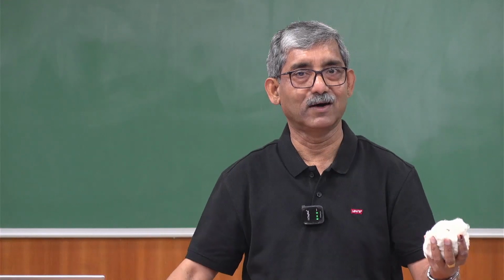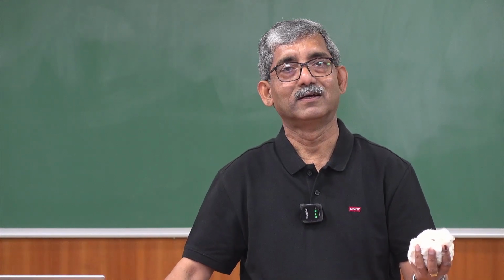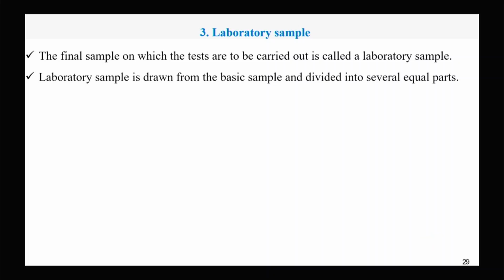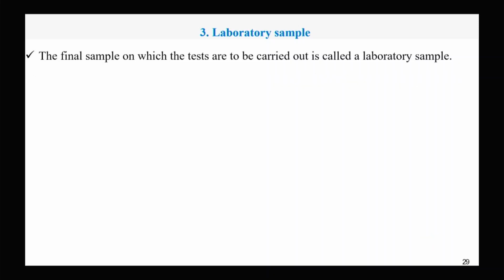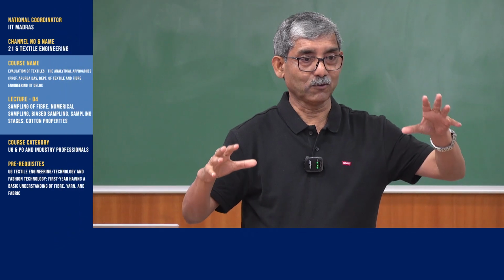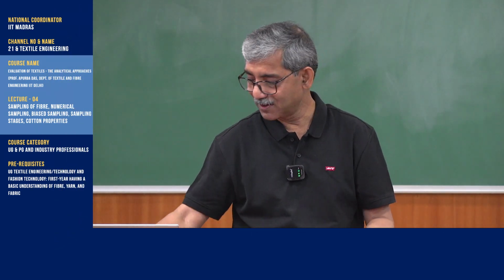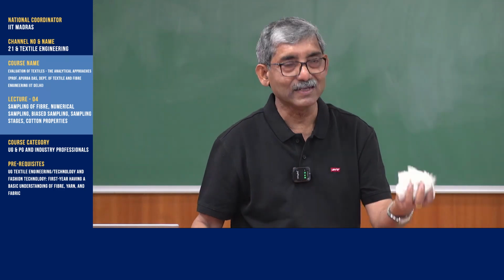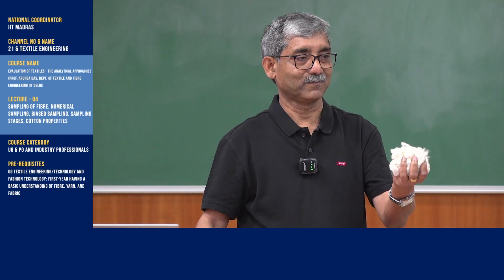From this 1 kg sample we have to extract again a small quantity, which will be the laboratory sample, depending on our test, say maybe 5 gram or 10 gram. To do this we will follow certain norms where there is total randomness, no biasness.